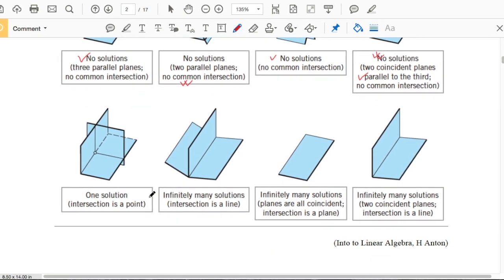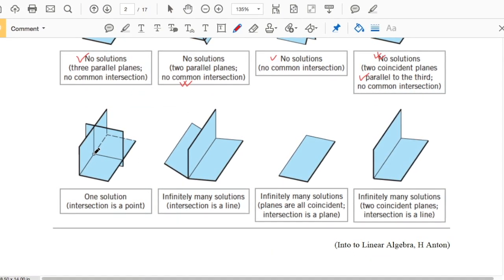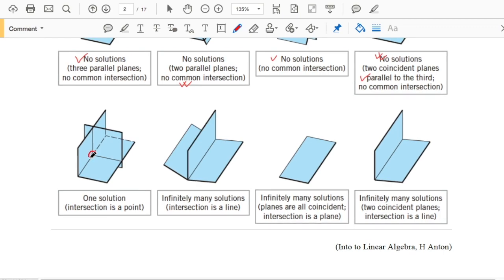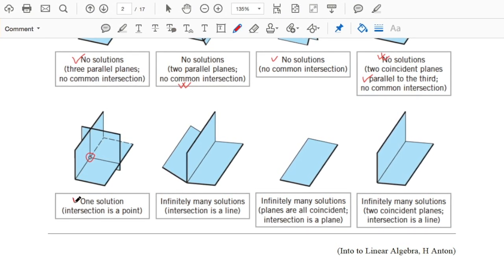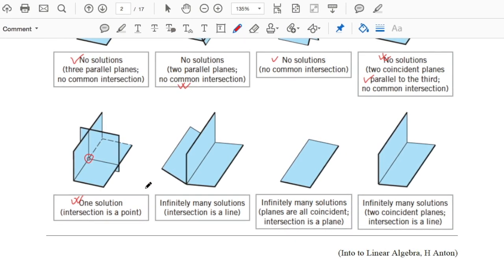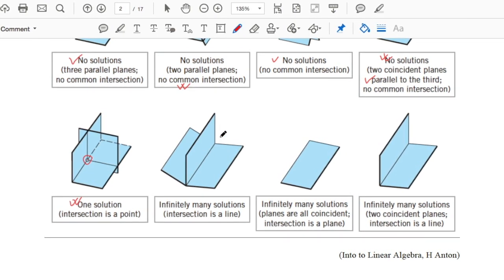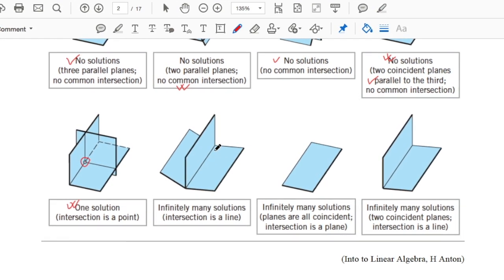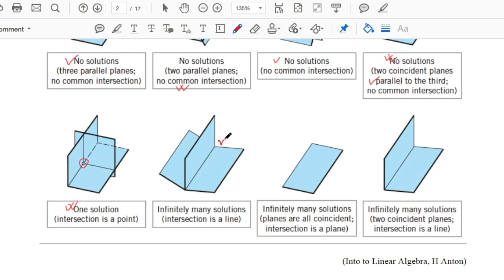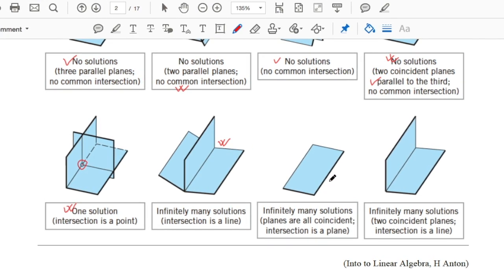In this case, there is a single point where the planes intersect, so the system has a single solution, or one solution. And in this case, you see three planes intersect each other in a line, so the system has infinitely many solutions.